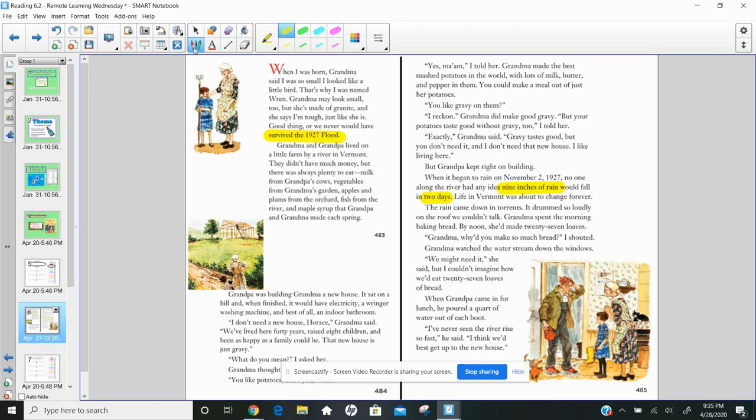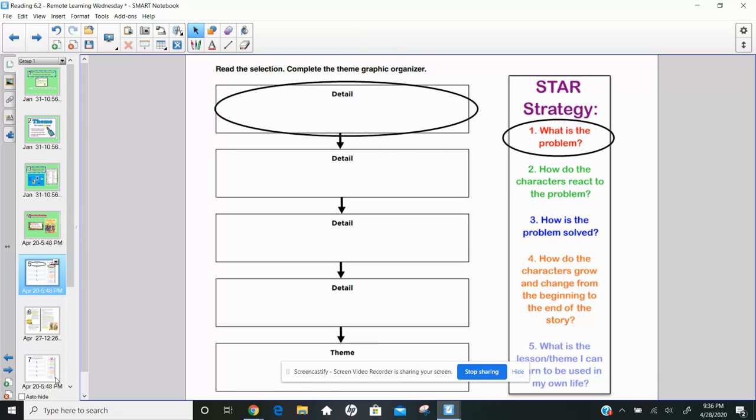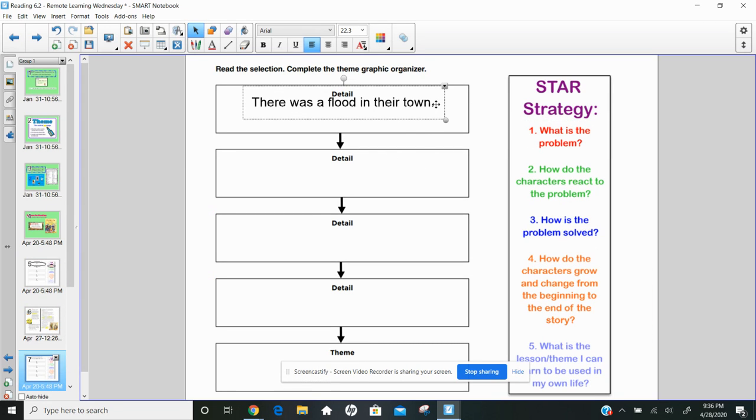So that's something that's happening too. It says that the river is rising so fast, and they're going up to this new house, which is up here on this hill. If the water's rising, it will take longer before it gets to this house. So that means their old house is down here at the bottom of the hill. When I think of the problem, we know that there was a flood.